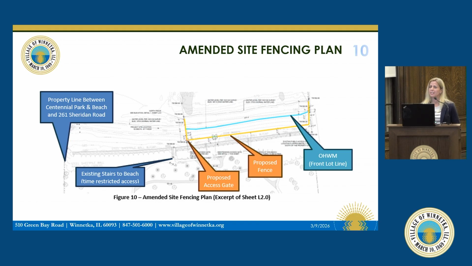Now, obviously, the purpose of the fencing is to provide an enclosure to allow dogs to be off-leash year-round. Currently, patrons are required to have a key fob to access the existing beach from the top of the bluff, and dogs are required to be leashed.